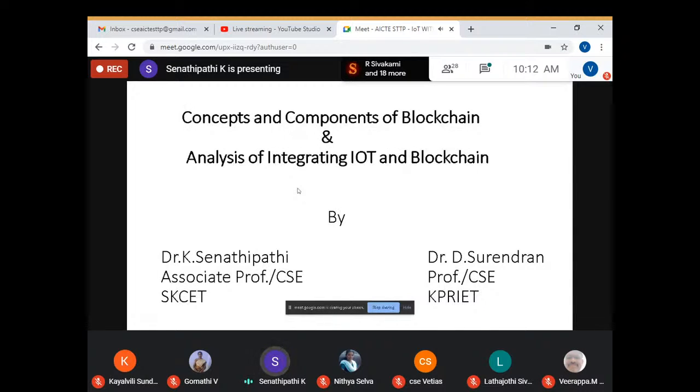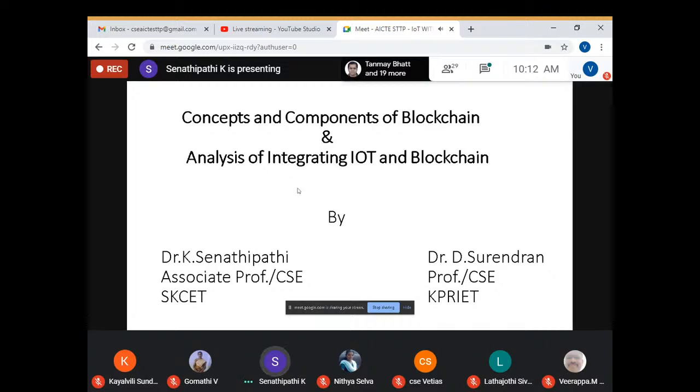So what is blockchain? Blockchain is nothing but a chain of blocks which contains information about the transactions, right? Sender, receiver, the number of bitcoins to be transferred, and each block contains data as well as the hash value of the current block and hash value of the previous block.